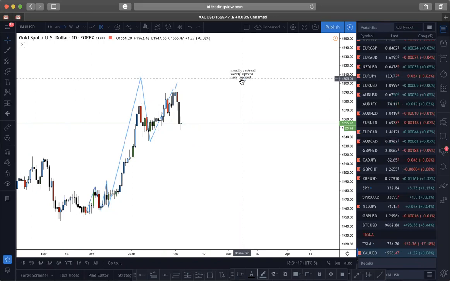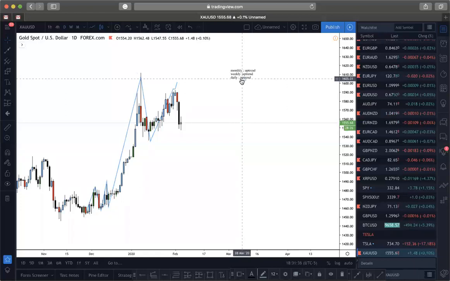right? So, yes, all the time frames are up on gold, but for many pairs, it may be mixed up. So you have to go with the ones that are pointing in a more clear direction.